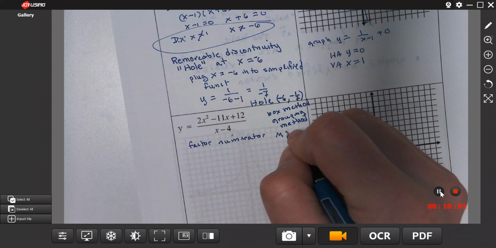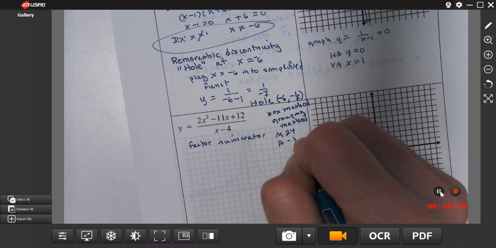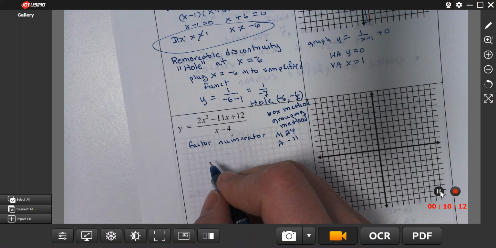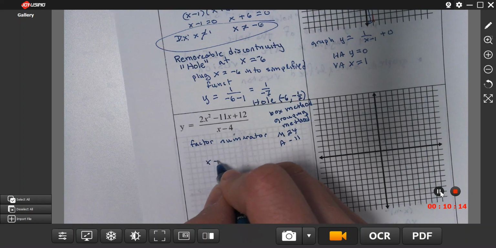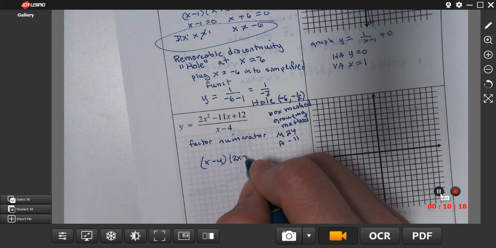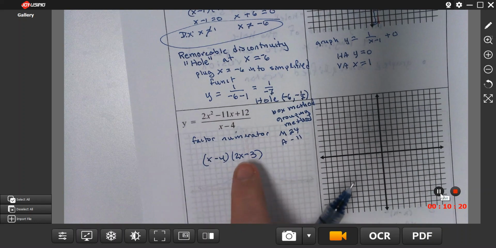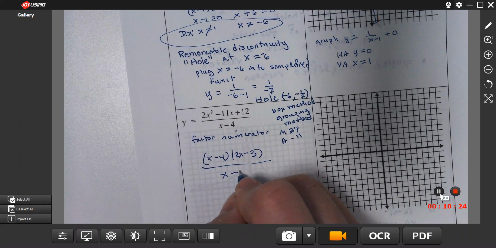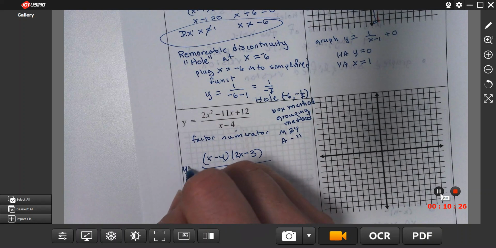So I'm looking for numbers that multiply to 2 times 12, so 24, and add to negative 11. I'm going to jump over the part where we do that work, and I'm going to tell you that it factors into x minus 4 times 2x minus 3. You can do the work if you want to verify that. And the denominator was x minus 4.